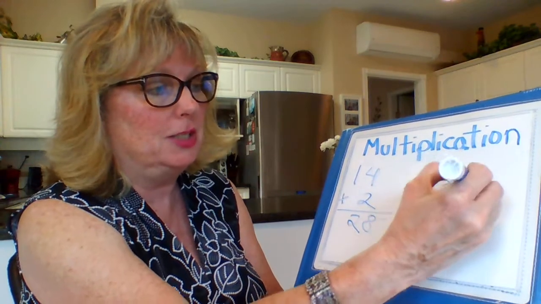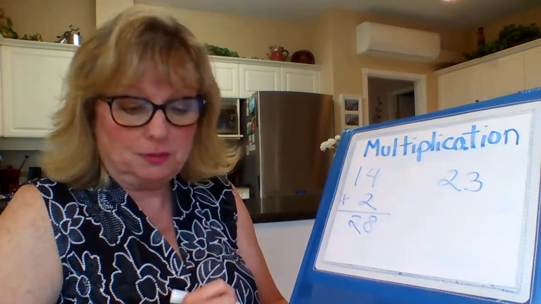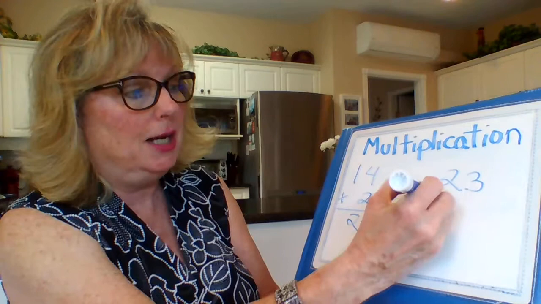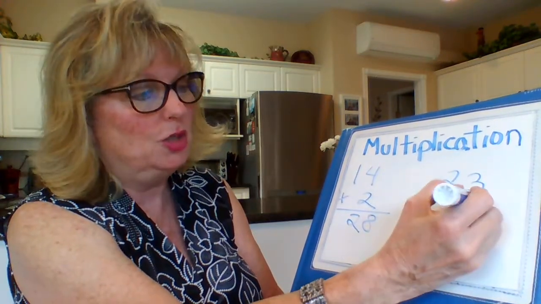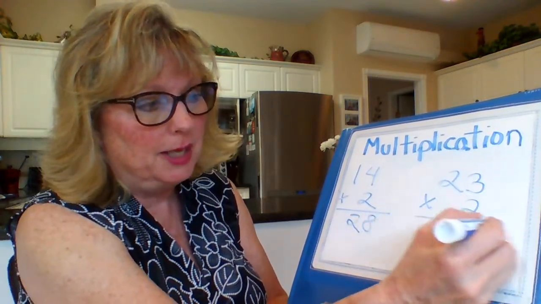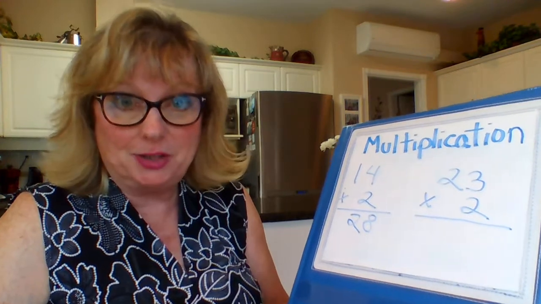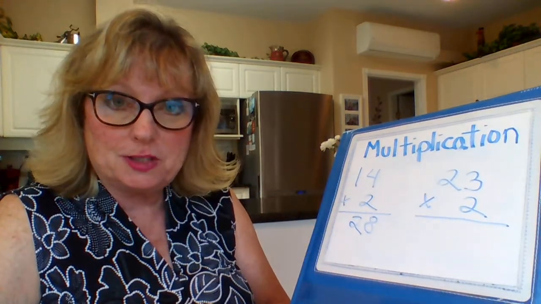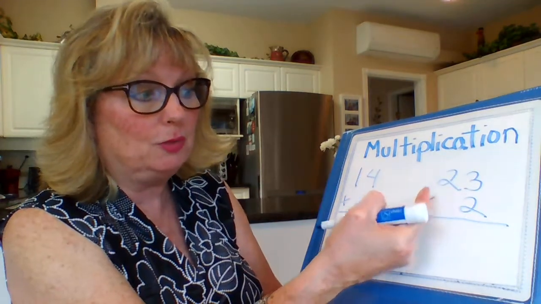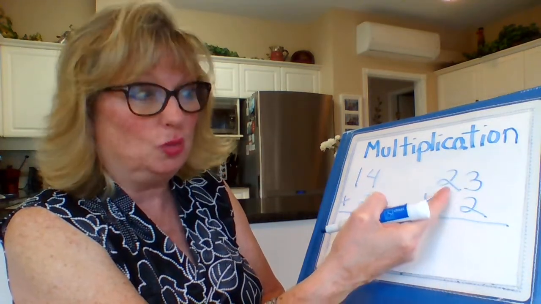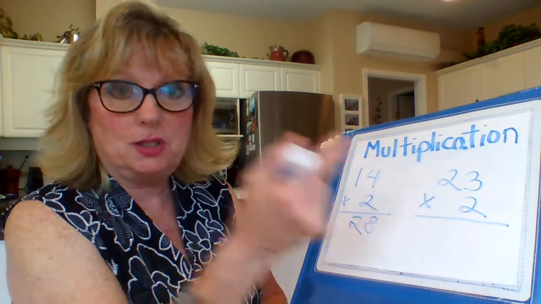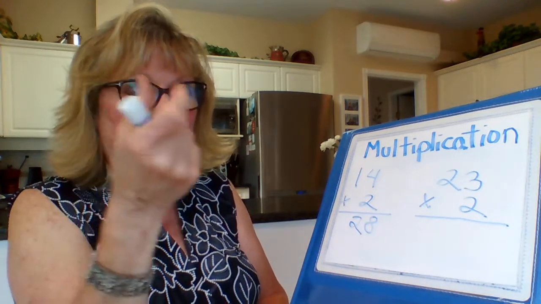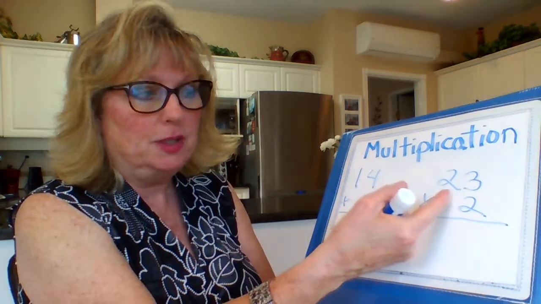Let's go with a bigger digit now. 23, okay, still 2 digits, times 2. Let's stick with 2 for now, because when the numbers get bigger, something else will change. And I'm showing you practice and how to get used to doing this first. So we have 23 times 2, or 23 groups of 2's. Or flip it, 2 groups of 23.